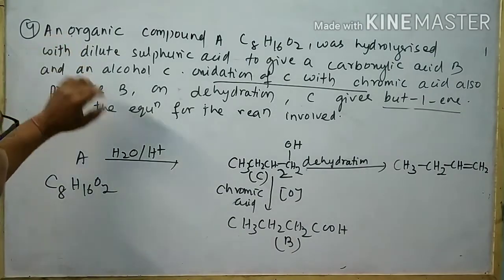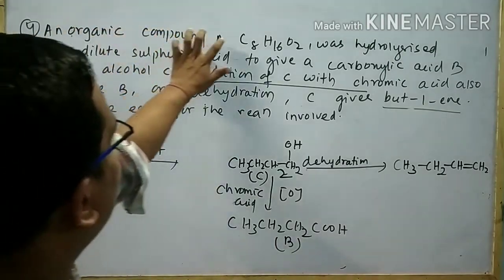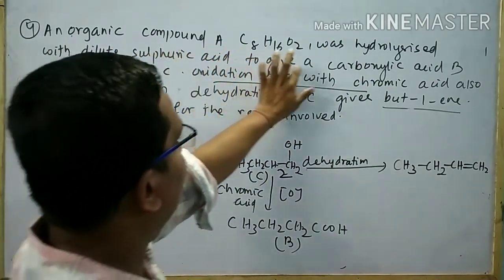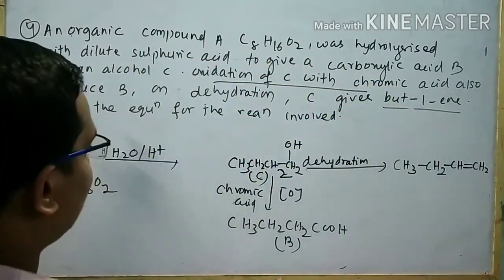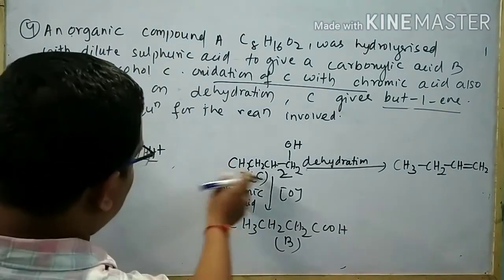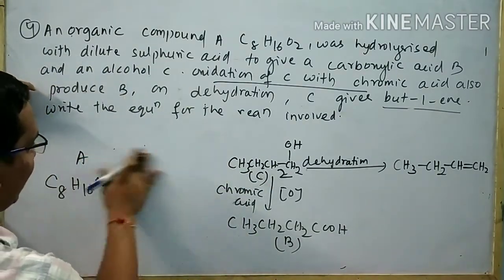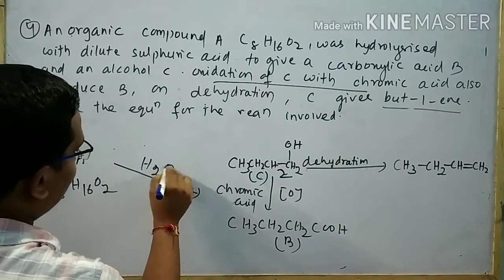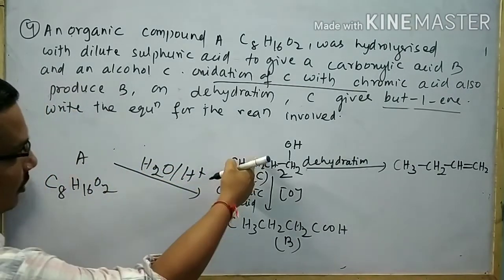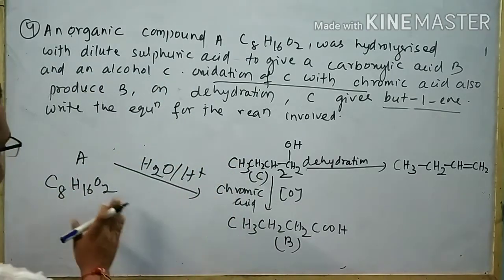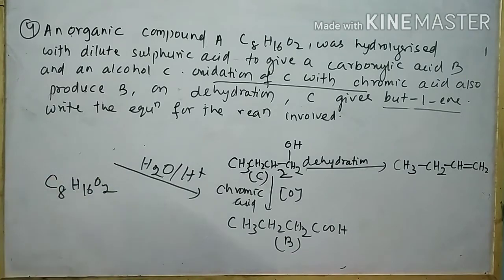And again I will repeat the question. An organic compound A was hydrolyzed with dilute sulfuric acid to give a carboxylic acid B and an alcohol, that is C. That means these two products are formed by the hydrolysis of A. With H2O and H+, this is an alcohol and this is an acid, and they can be formed by the hydrolysis of an ester.